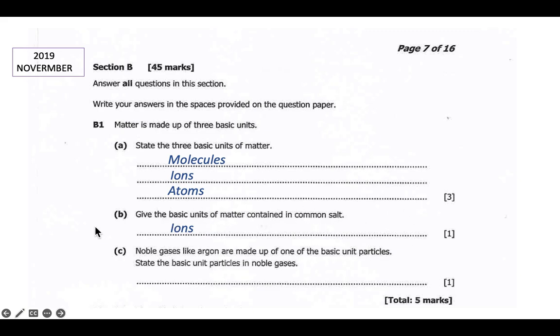And then we have C, noble gases like argon are made up of one of the basic unit particles. State the basic unit particles in noble gases. We have to know that noble gases are inert gases. They do not react with anything, and their valency shells are filled up with electrons in octet state.